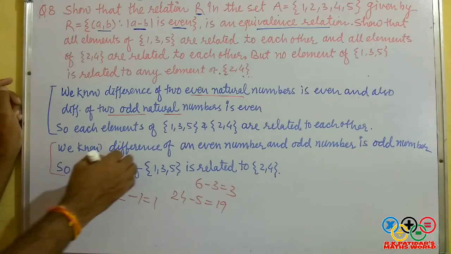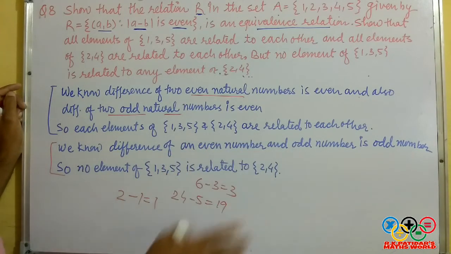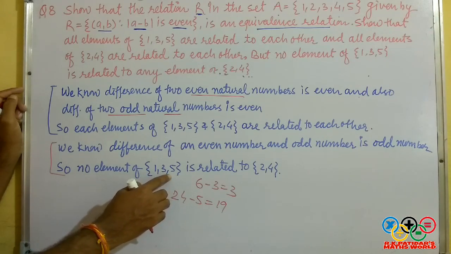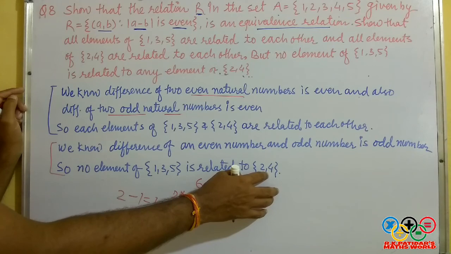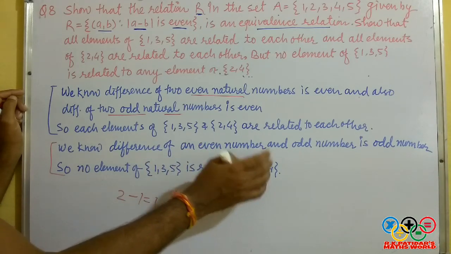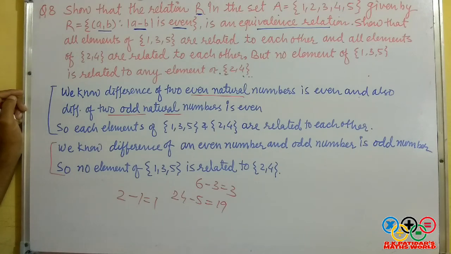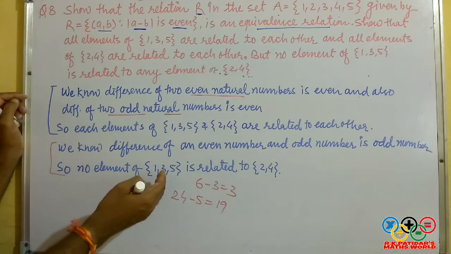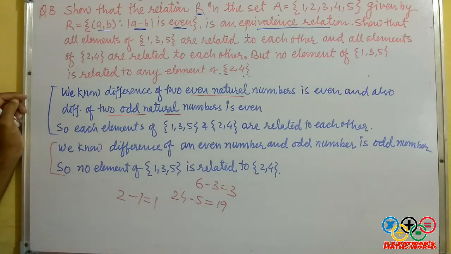So the difference of an even number and an odd number is always odd. So this is the set of odd numbers and this is the set of even numbers, so no element of this set is related to the other set. And the video on equivalence classes that we watched, all the properties of equivalence classes will be satisfied by these two classes. These two will be equivalence classes.